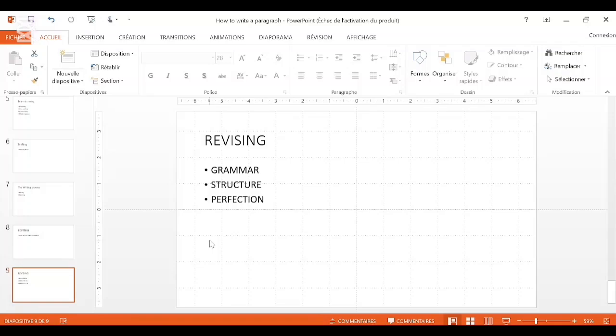So it's the last step of your writing, and in this step you have to finish the work. So you have to solve all mistakes, all problems, organize, and also make your writing very clean.